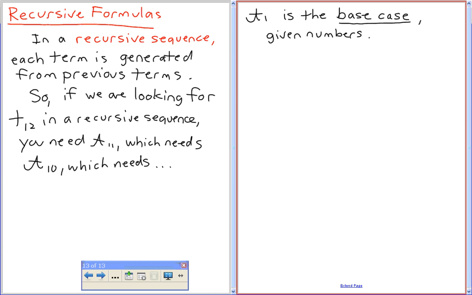Okay, I'm going to do example 1. It's going to say, write the first 4 terms in the sequence.